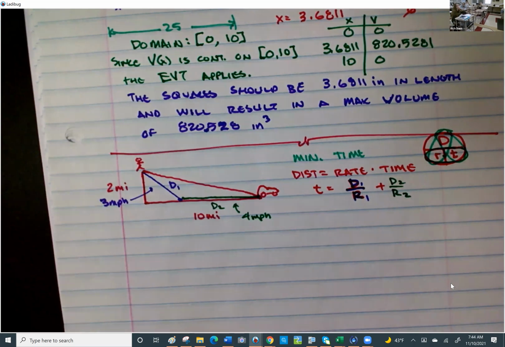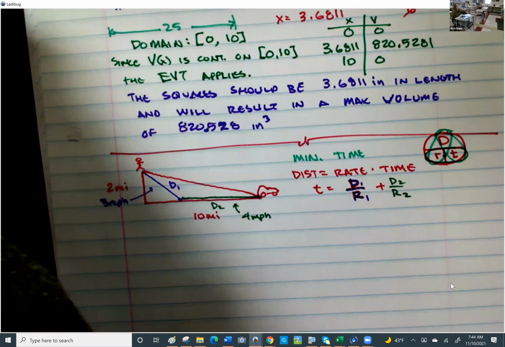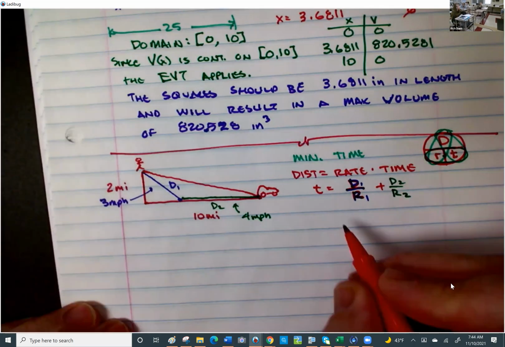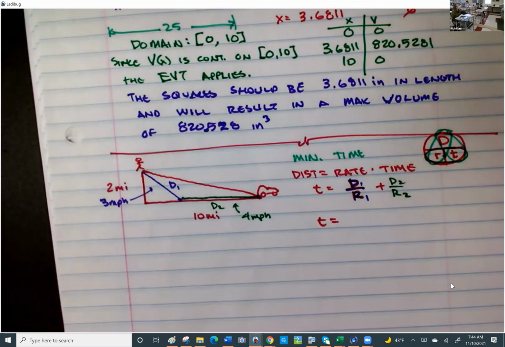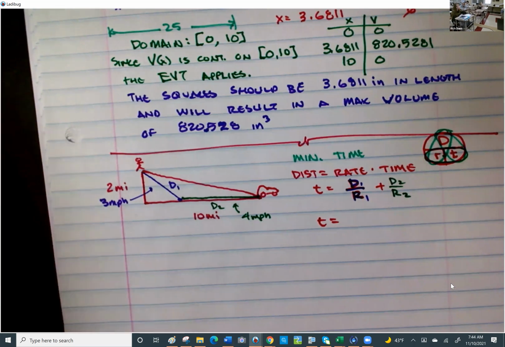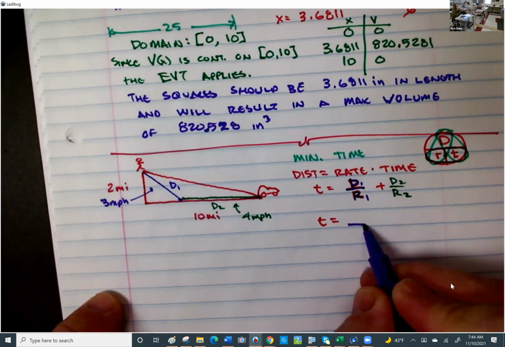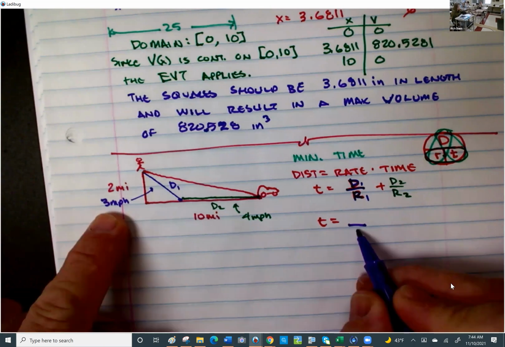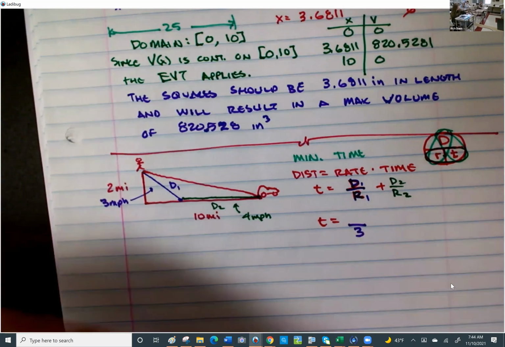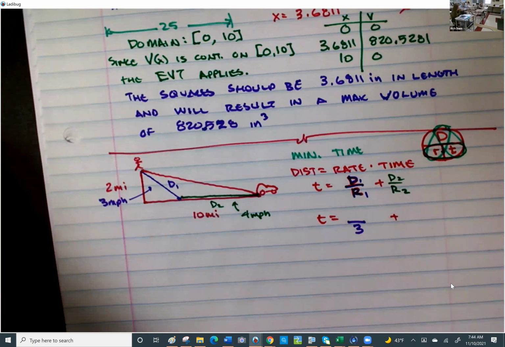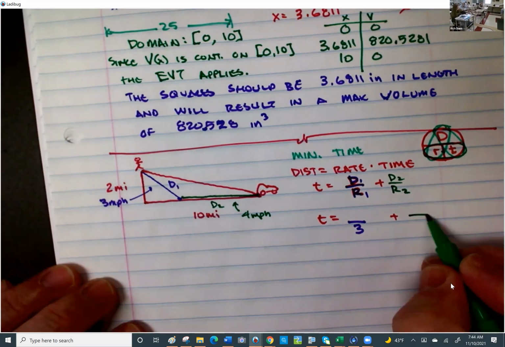Okay. So in this particular problem, we know we're trying to minimize time, so we don't want to change that one. And the nice thing is, both of these denominators we know. Don't we know that this rate is 3? And we know that this rate is 4.